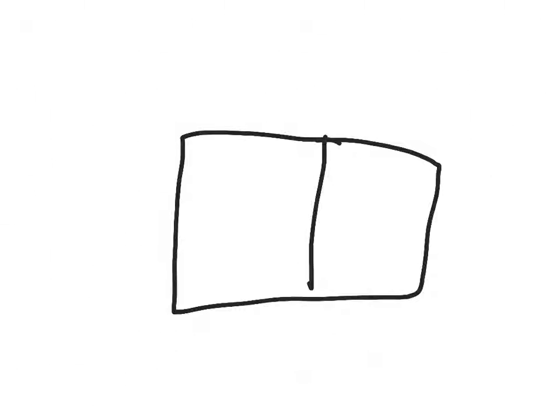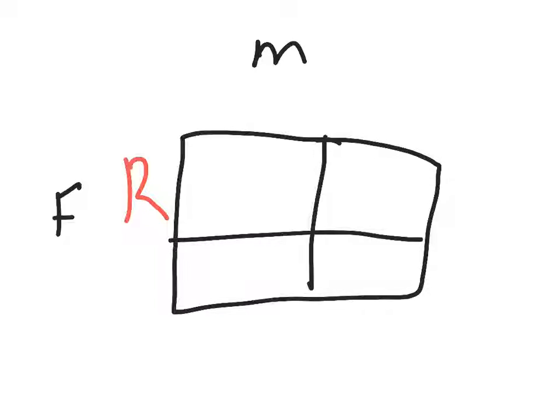Here's our Punnett square again. Here's father, here's mother. Remember now, everybody's heterozygous. So father is RW, and mother is RW.